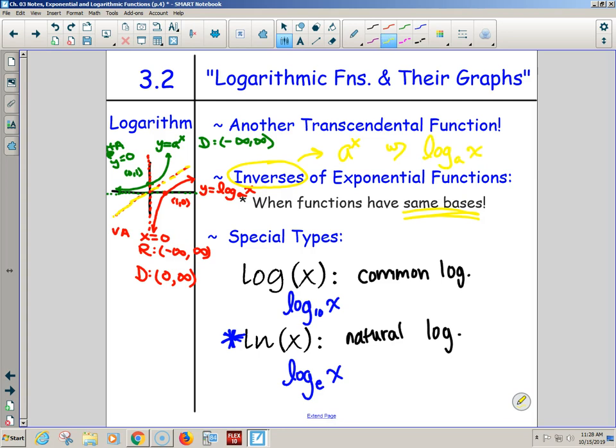If you have f of x equals a to the x, and g of x equals log base a of x. Now, here's the weird thing. If I'm showing a logarithm with a base, what's the dealio with the two buttons in your calculator that have no base shown? Because 2 to the x would go with log base 2, and 10 to the x would go with log base 10, and 15 to the x would go with log base 15.